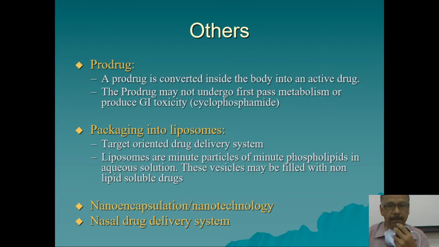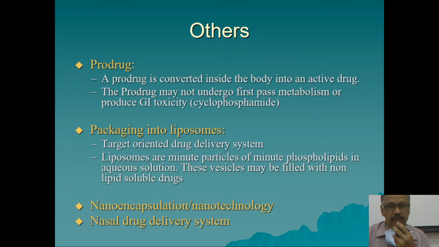Nowadays, liposomal drug delivery systems are available, like liposomal amphotericin B for the treatment of leishmaniasis. They are targeted drug delivery systems, minute particles of phospholipid in aqueous solution, and these vesicles may be filled with non-lipid soluble drug.